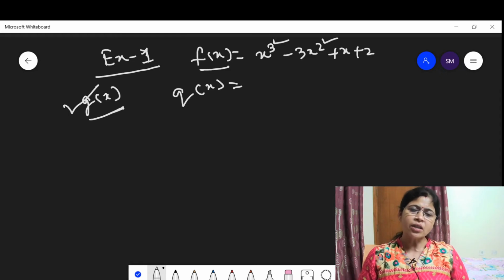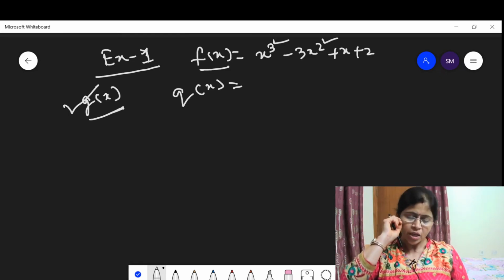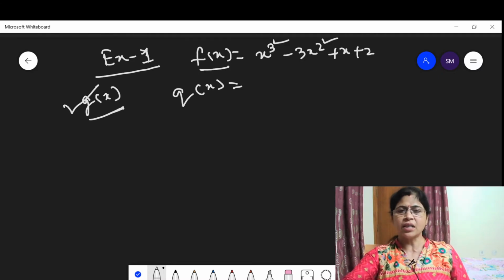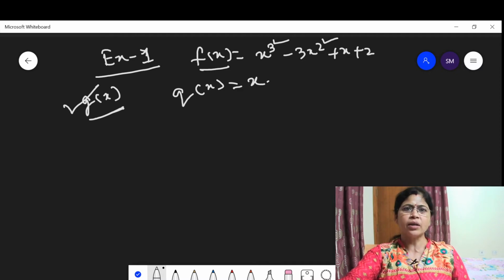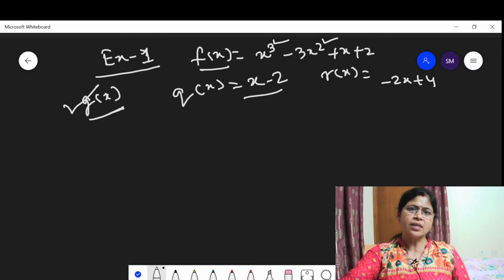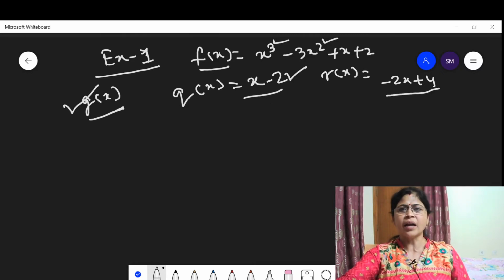When you understand the language of the question properly, then you can attempt it. Here, when you divide f(x) by g(x), you get q(x) equal to x minus 2 and r(x) equal to minus 2x plus 4. Here q(x) is x minus 2 and r(x) is minus 2x plus 4.